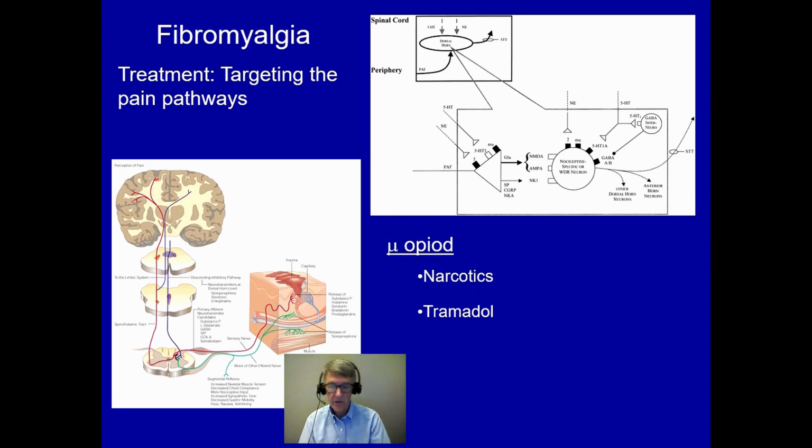Other targets that have been tried: mu-opioid, this would include narcotics. However, narcotics are actually found to be counterproductive in fibromyalgia and are not favored. The medicine tramadol or Ultram has some intriguing effects. It can affect the mu-opioid receptor.